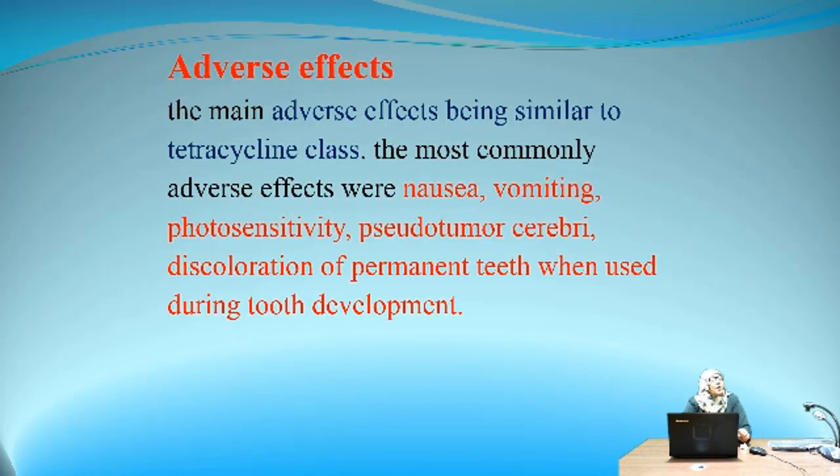Adverse effects of tigecycline. The main adverse effects are similar to the tetracycline class, and the most commonly reported adverse effects were nausea, vomiting, photosensitivity, pseudotumor cerebri, and discoloration of permanent teeth when used during tooth development.